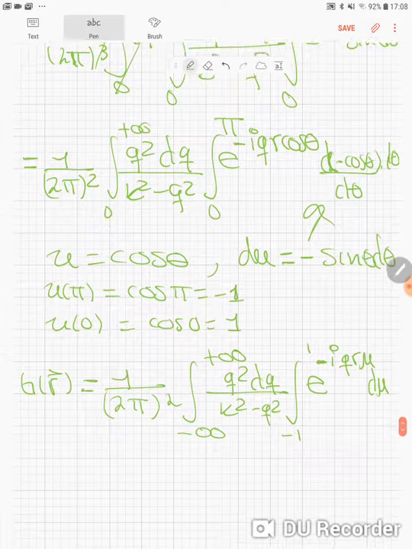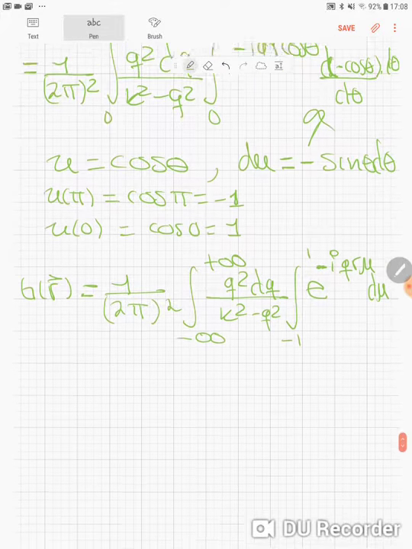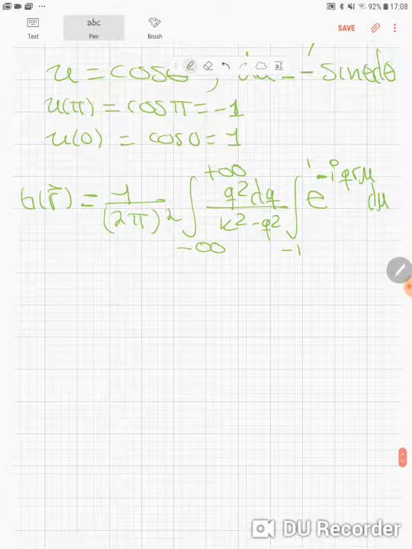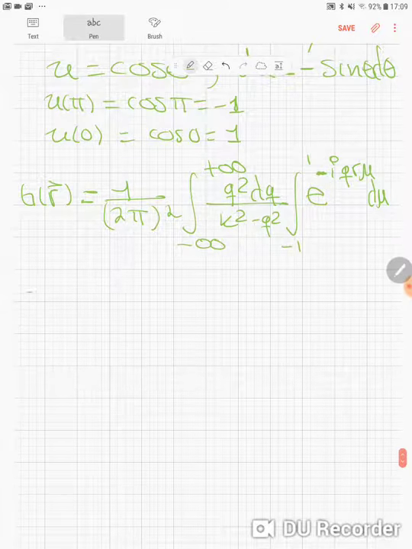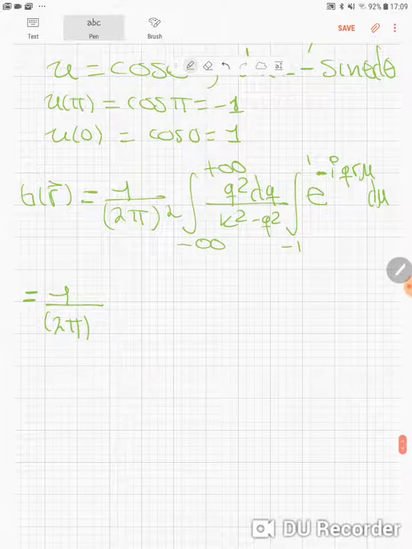Well, this is some expression. It's not too bad, but we have to do something with it, of course. If we calculate the integral, it's going to look something like this. So we have to keep on reducing the expression.